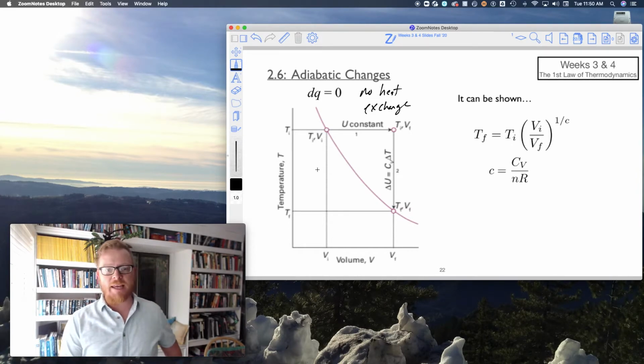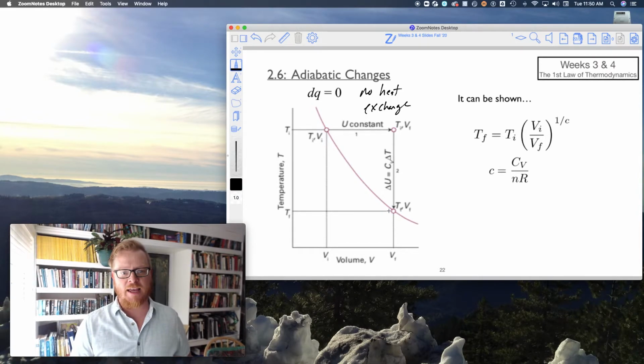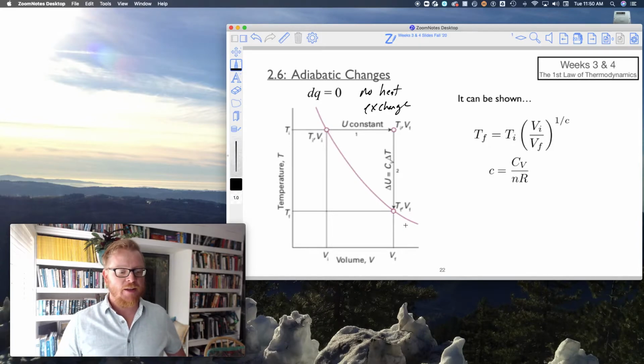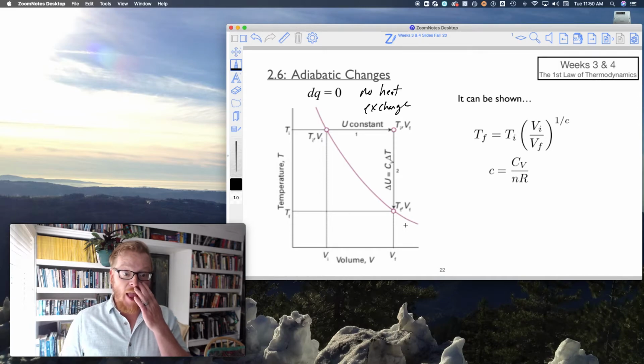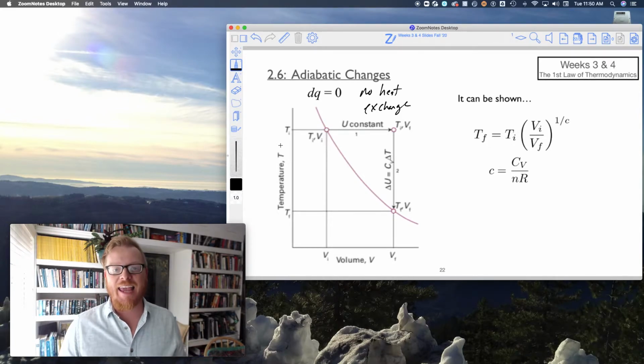And so that means if we are looking at, let's say, a temperature versus volume curve, and we're changing the temperature and volume of something, the work done matters. And as you might also note, because temperature is changing on this scale, when something is adiabatic, it can't be isothermal.